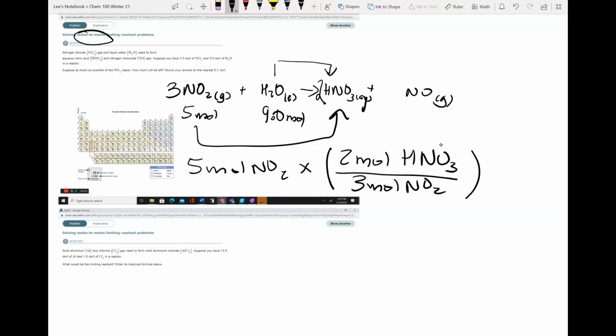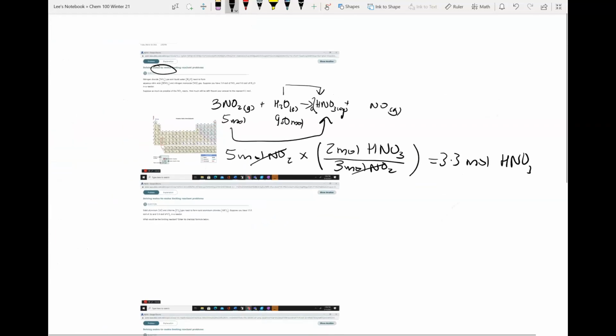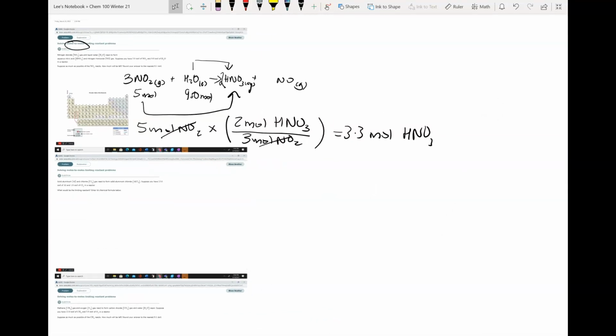So I'm just going to multiply that by that. So 5 times 2/3 is going to be obviously less than 5. It's going to end up being 3.3 mole of HNO3. So I still don't know whether NO2 is my limiting reactant or not.